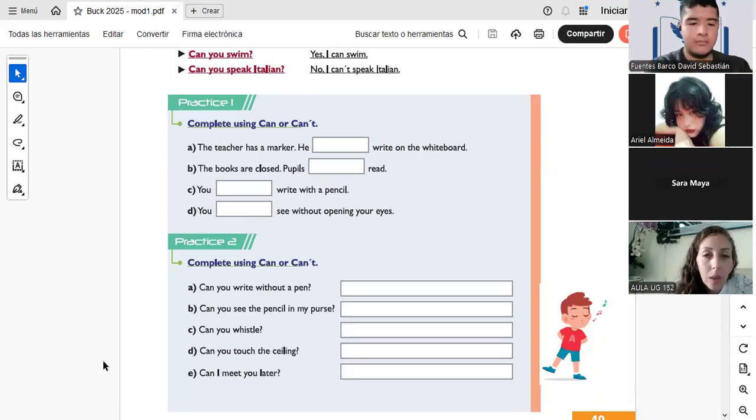Here, in practice 2. So can you write? Yes, can you write without a pen?